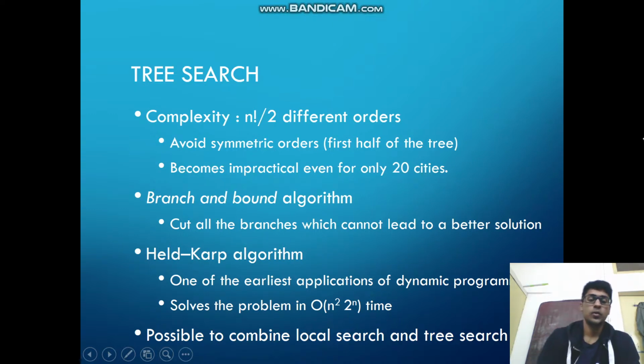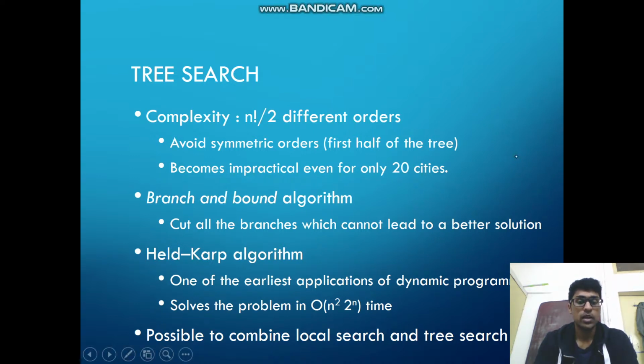So there are optimized solutions for this, like branch and bound algorithm, which try to reduce the running time, but they aren't at par. Also, an earlier application of dynamic programming to this problem is the Held-Karp algorithm, which solves the problem in order n squared 2 to the n time, but still it's exponential.